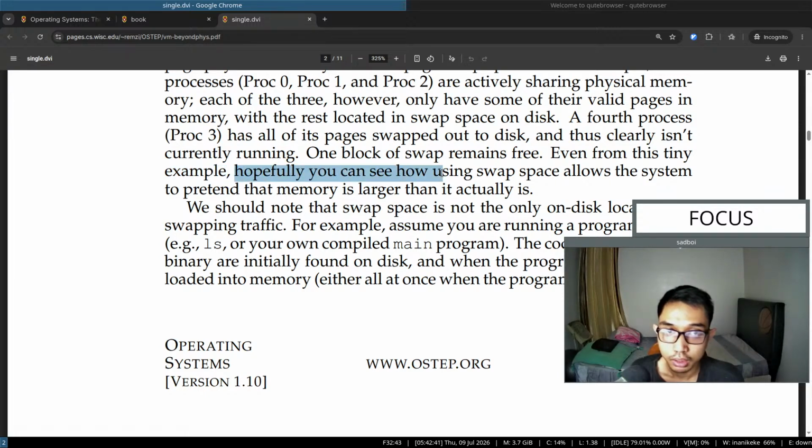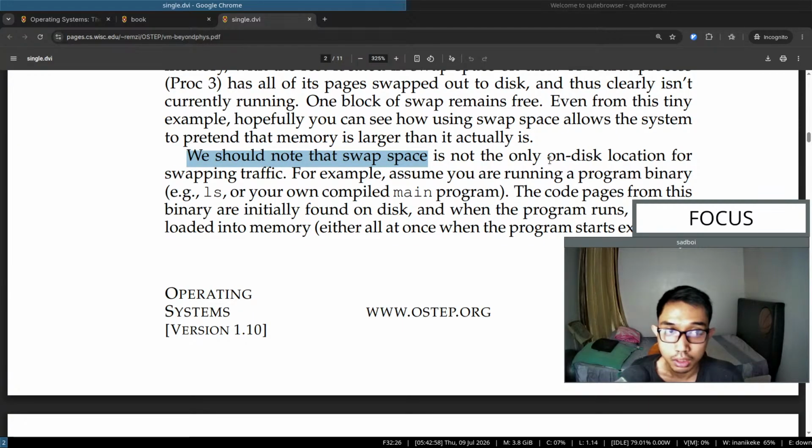Hopefully you can see how using swap space allows the system to pretend that memory is larger than it actually is.